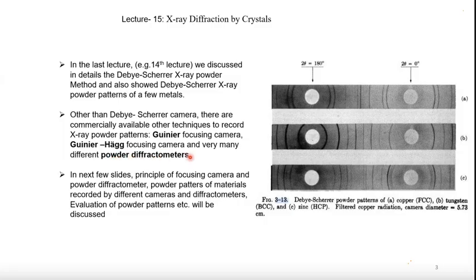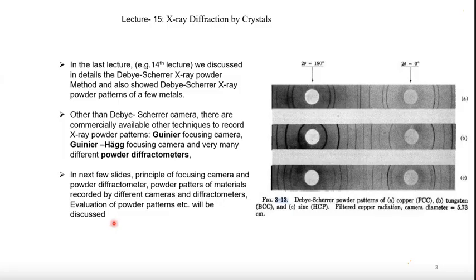In the next few slides, the principle of the focusing camera and powder diffractometer, powder patterns of materials recorded by different cameras and diffractometers, evaluation of powder patterns, etc. will be discussed. Maybe we cannot finish in this lecture. We have to take another two or three lectures on powder patterns.